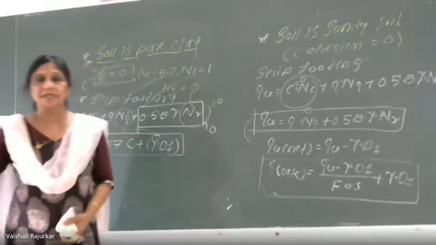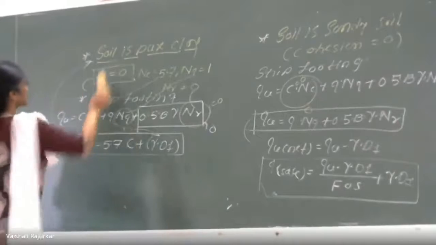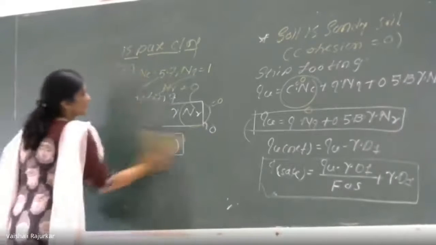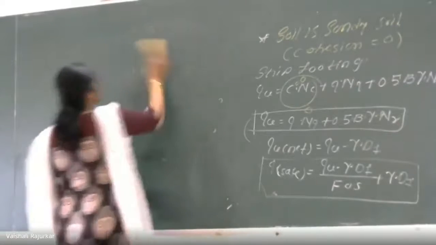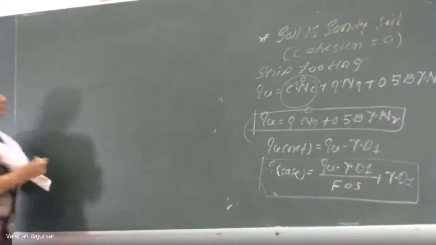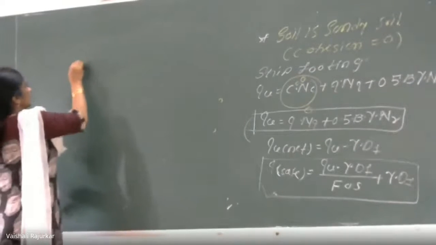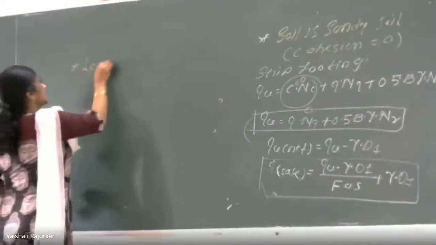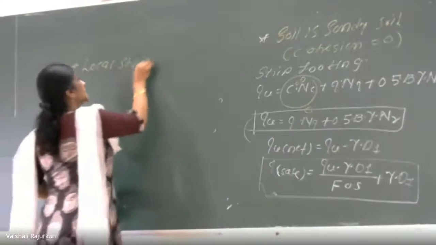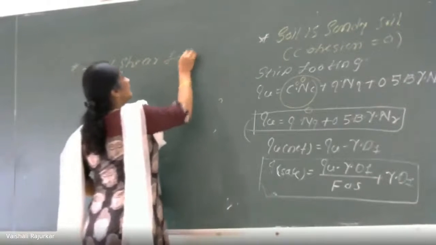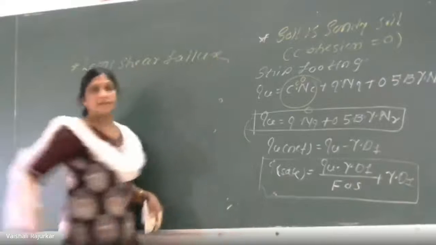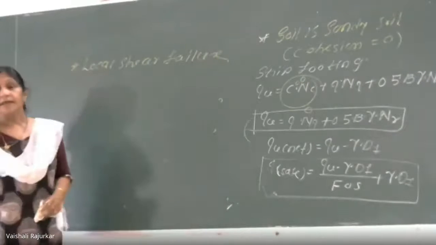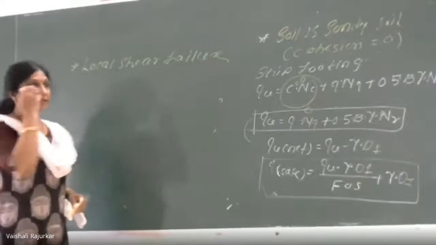Now come to the local shear failure condition. So in this case, we will assume that there is a local shear failure. When we say that the condition is a local shear failure, there are certain things which are given.